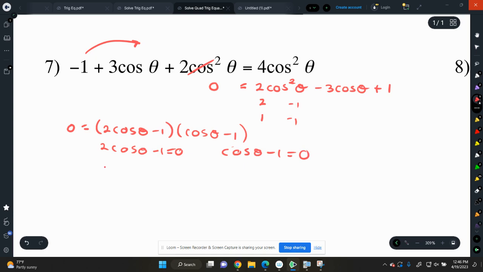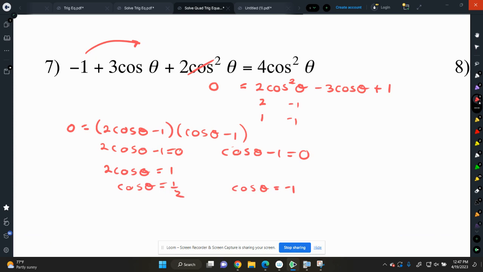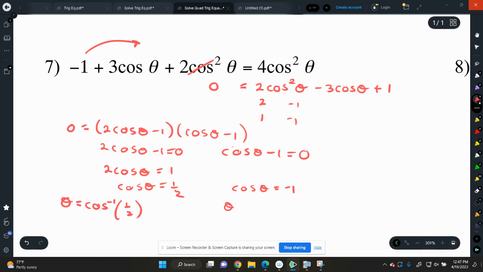So we have 2 cosine theta equals positive 1. So cosine theta equals 1/2. And over here, we're going to get cosine theta equals positive 1. Okay. And that means that theta equals the inverse cosine of 1/2. And over here, theta equals the inverse cosine of 1.